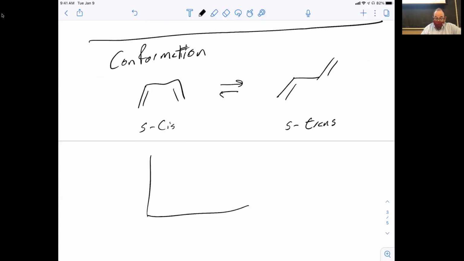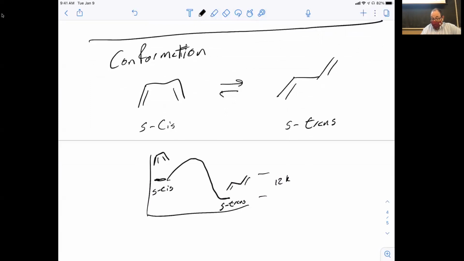Now, if we look at our energy, the S-cis is a higher energy than our S-trans. For this specific one, there's about 12 kilojoules of difference between these two states. So they will flip back and forth.